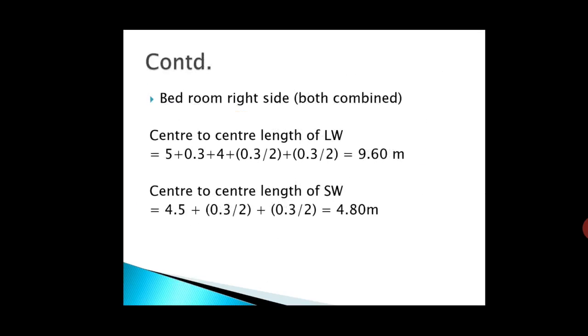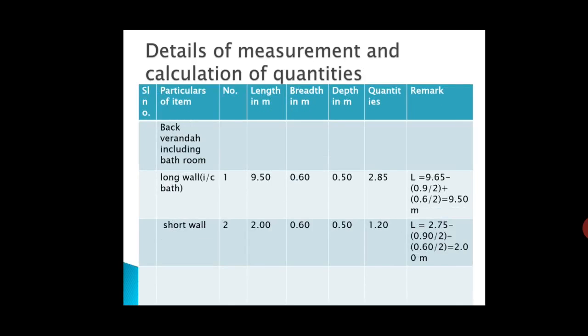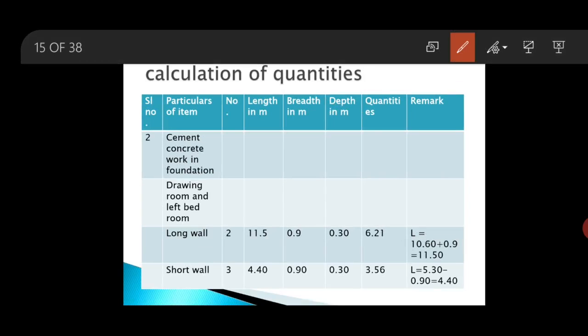Now we will move to the details of measurement form. Write down serial number 2. Under particulars of item, write down cement concrete work in foundation. First part is drawing room and left hand side bedroom. Then long wall, there are 2 numbers of long wall, and the length will be obtained by adding half of the width on both sides to the center to center length.